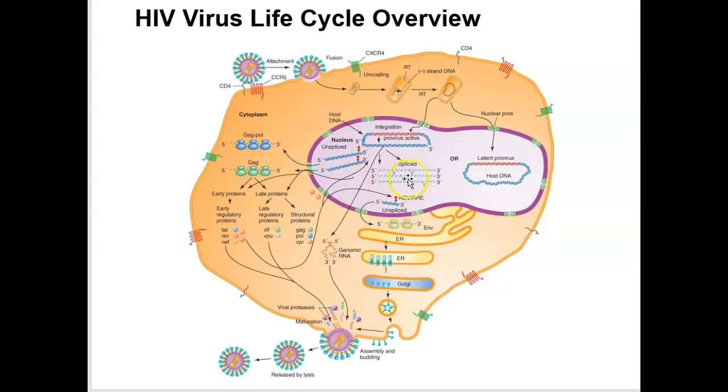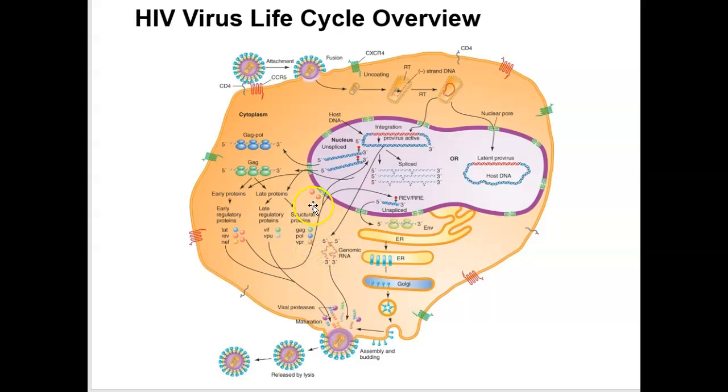Some of those messenger RNAs get spliced, some of them don't. In order to increase the rate of transcription, we've got a couple of factors. We mentioned in particular TAT. TAT is going to help increase transcription. And we also mentioned REV, which is going to help move unspliced messenger RNAs into the cytoplasm.